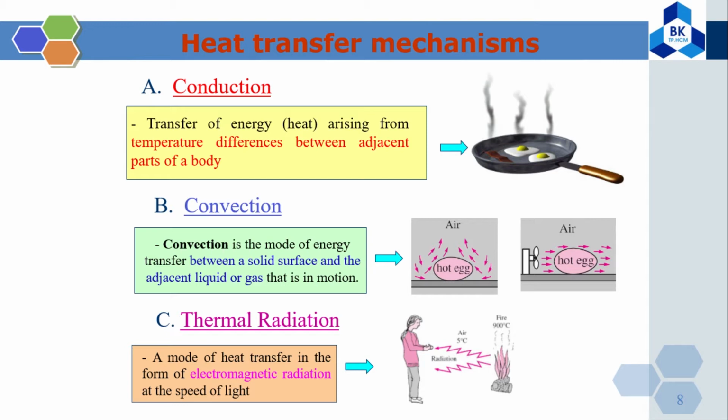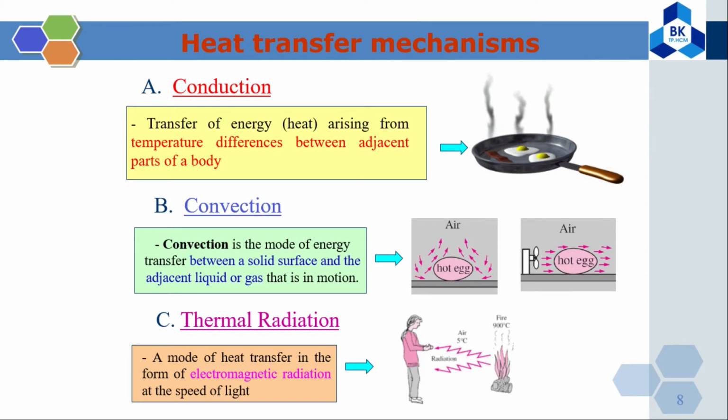The third kind of heat transfer mechanism is thermal radiation. Conduction needs solid materials. Convection needs liquid or gas materials. Thermal radiation doesn't need solid, liquid, or gas.